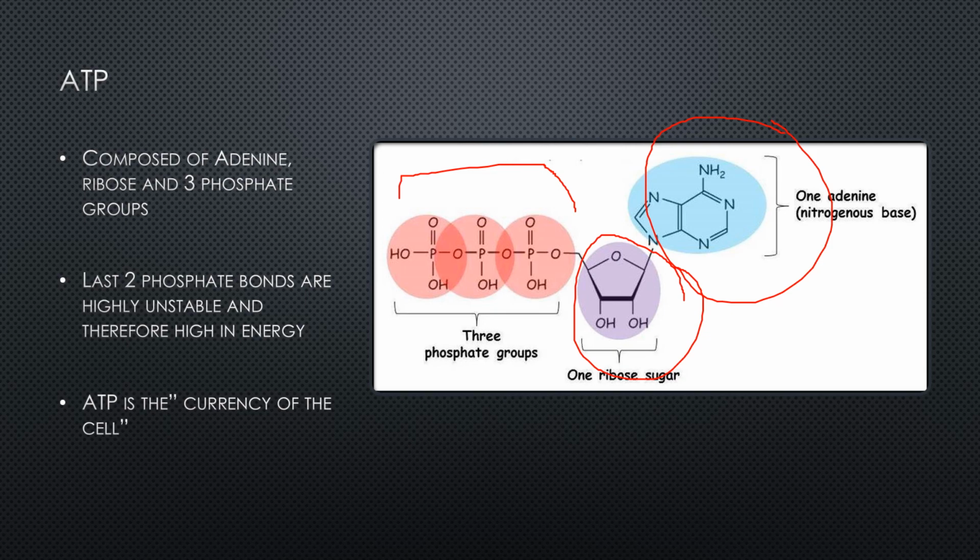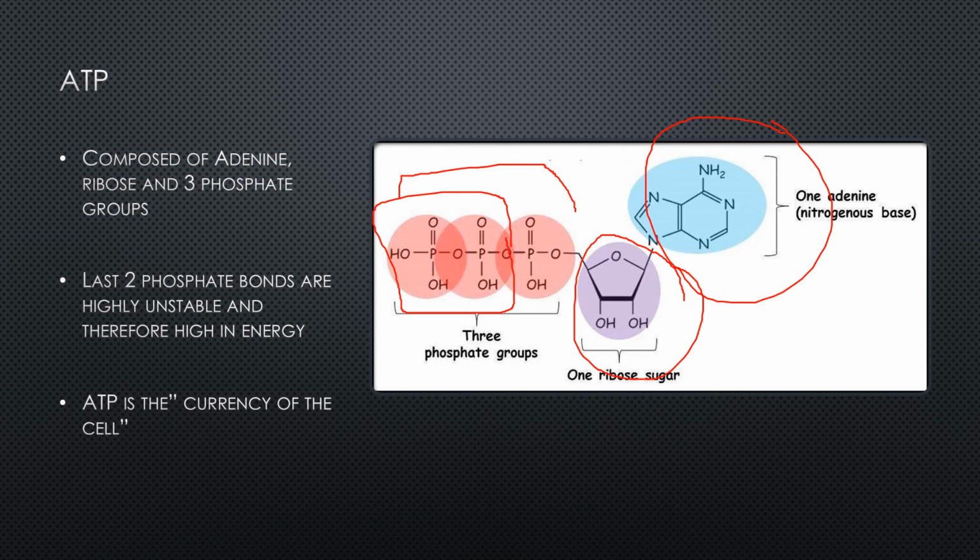These last 2 phosphate bonds here are very unstable and they are high in energy. And the cell utilizes that. So anytime it needs to perform a function that requires energy, which is pretty much anything we do, it breaks apart the ATP bond by hydrolysis.